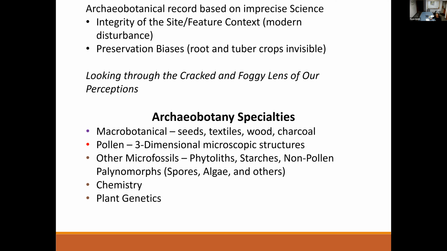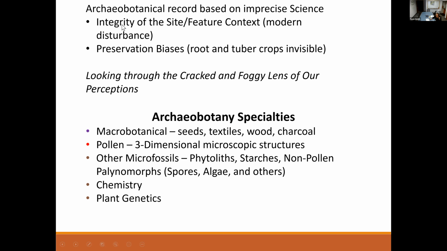And just two of the topics under that thought is, what kind of site are you doing research on? Is it a campsite? Is it Chaco? And what is the history of that site? Is it an ATV playground, or is it a rock shelter that hasn't been disturbed for millennia? And then inherent in botanical materials coming out of archaeological sites is a preservation bias.